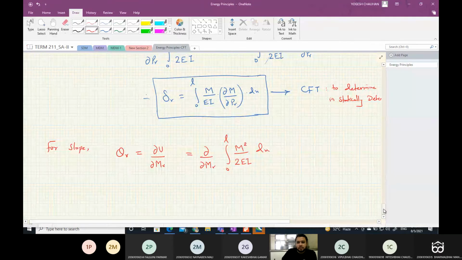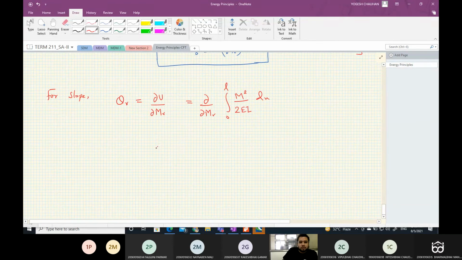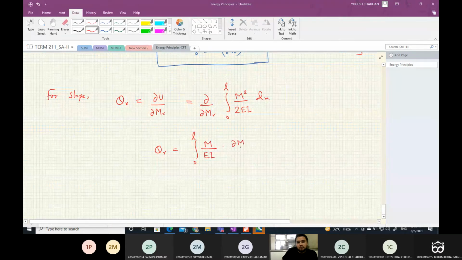If you take the partial derivative, you will get theta R is equal to the integration from 0 to L of M by EI times del M by del M_R times dx.